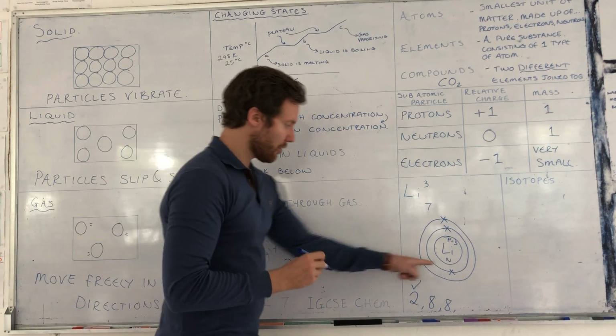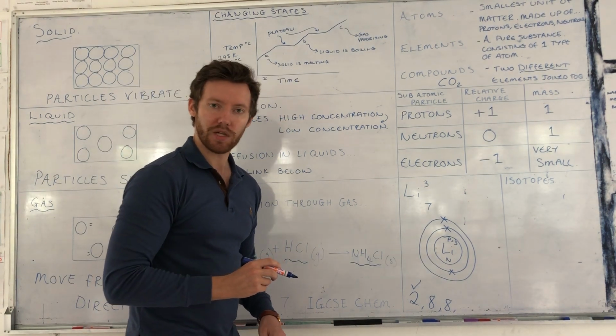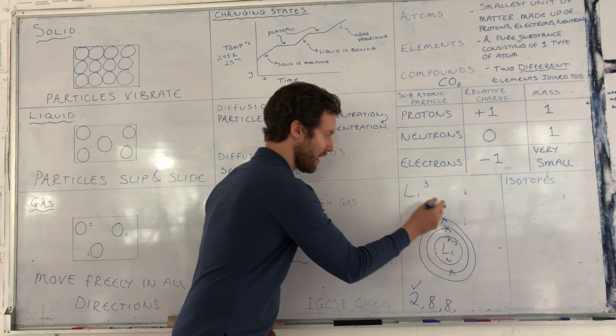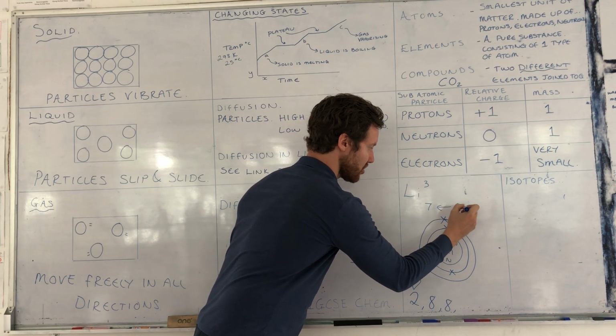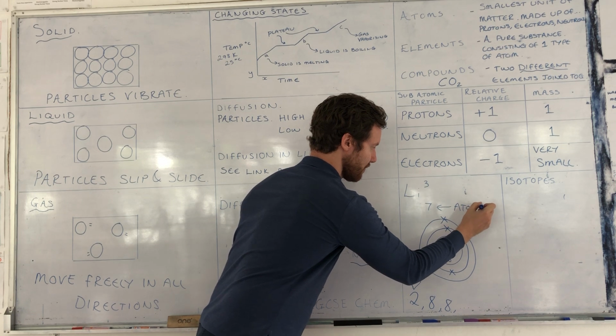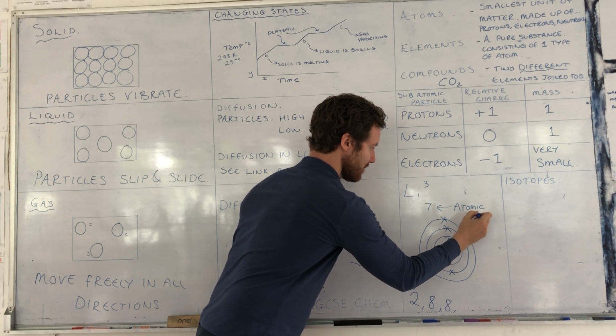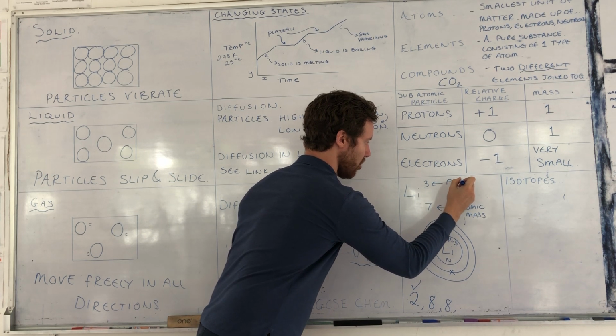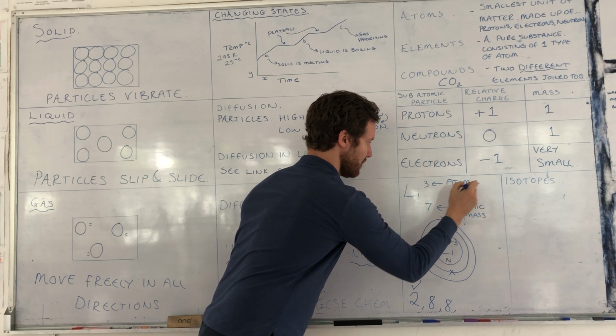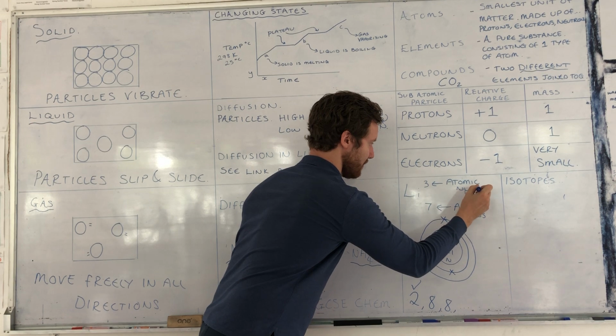Simple. Number of neutrons living in our nucleus though, we can subtract what we call here our atomic mass. And small number, we have our atomic number, okay?